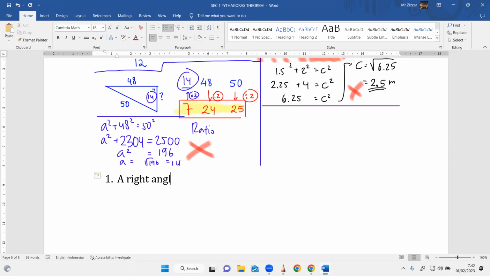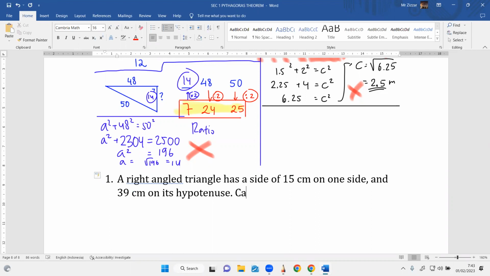A right angled triangle has a side of 15 cm on one side and 39 cm on its hypotenuse. Calculate first, the other side of the triangle. Second, the perimeter.